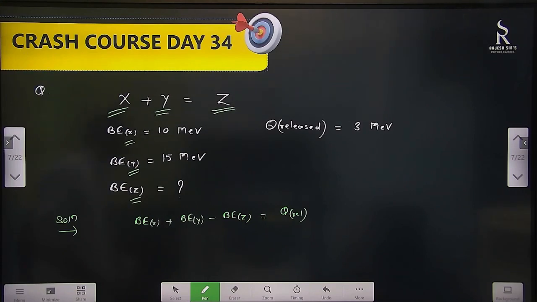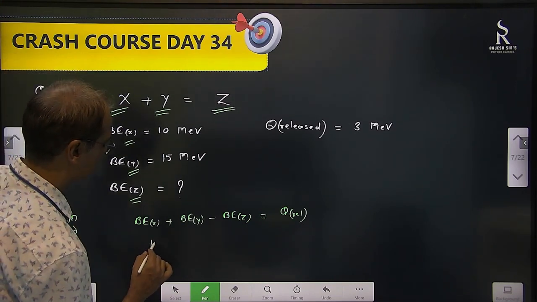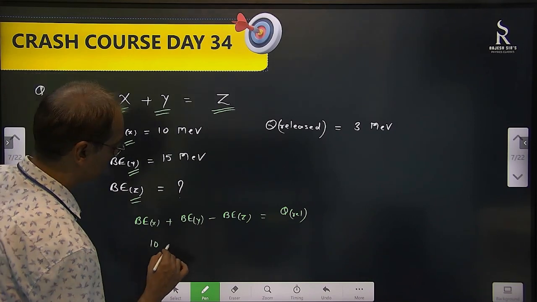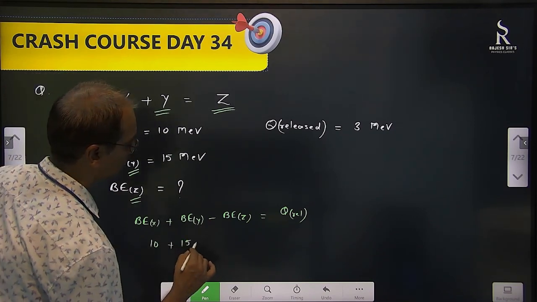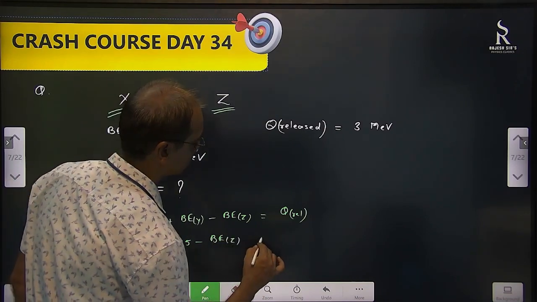Two elements are coming together to make one element. So what we have now here, this is 10, this is plus 15, this we are saying is minus binding energy of Z, and this is given to us as 3 MeV.